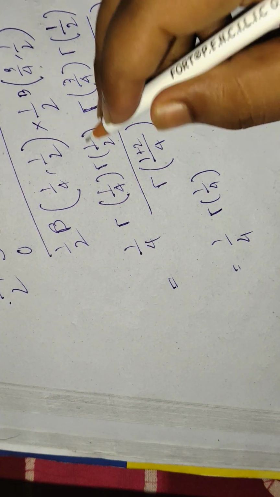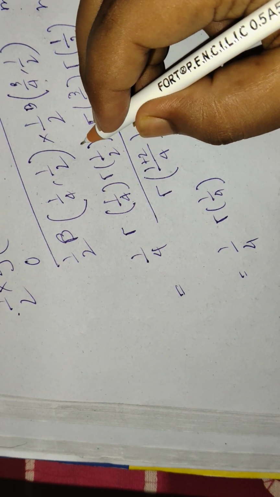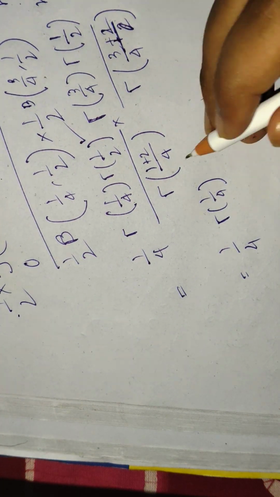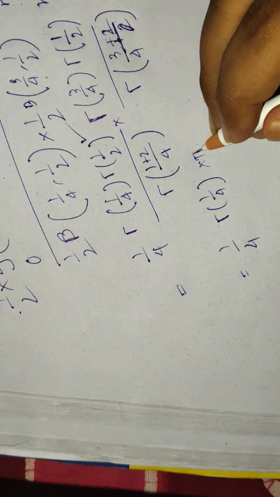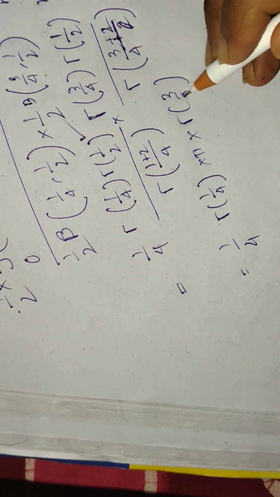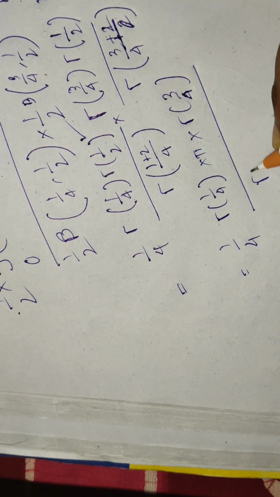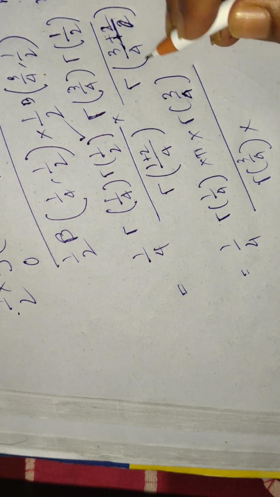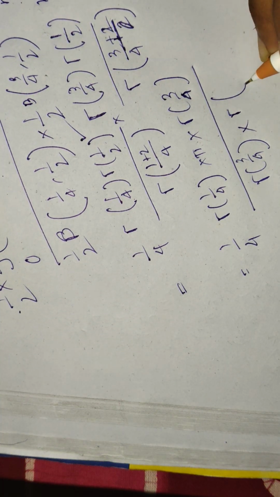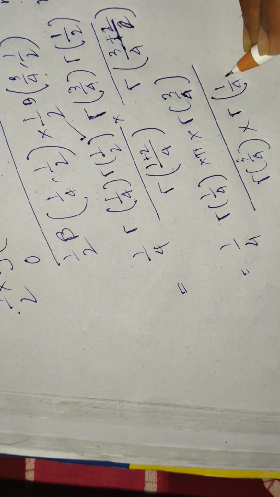The value of gamma(half) is root over pi, and there are two gamma(half), so root over pi whole squared, which is pi, into gamma(3 by 4) divided by, be careful about that, gamma(3 by 4) into gamma(5 by 4). We can replace 5 by 4 as 1 by 4 plus 1.